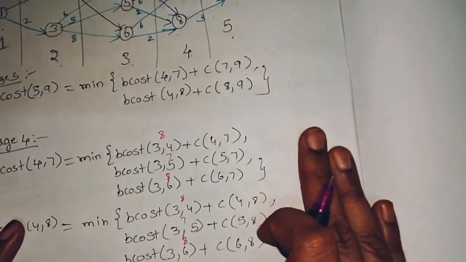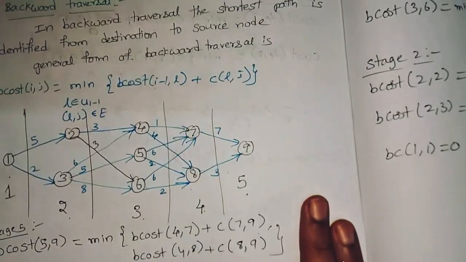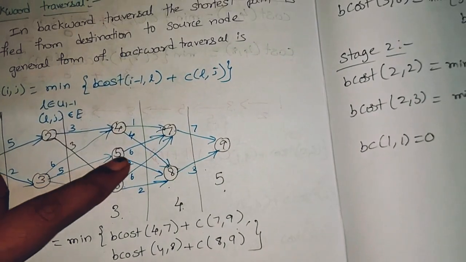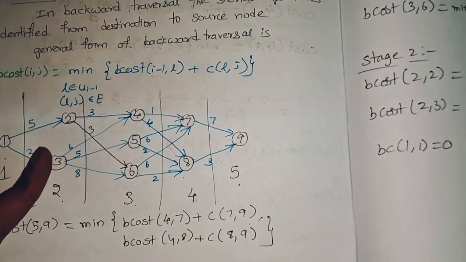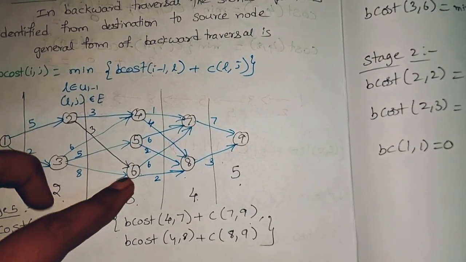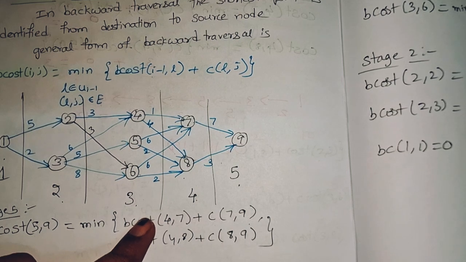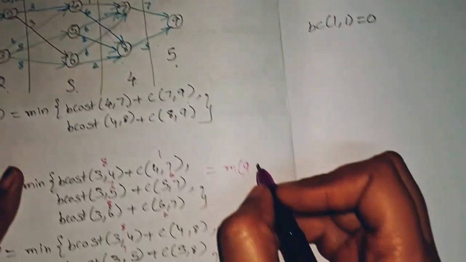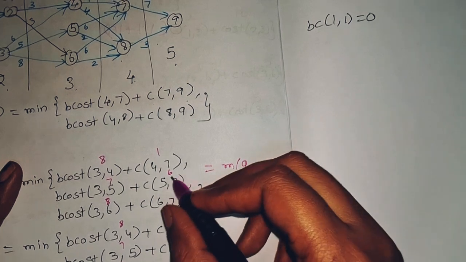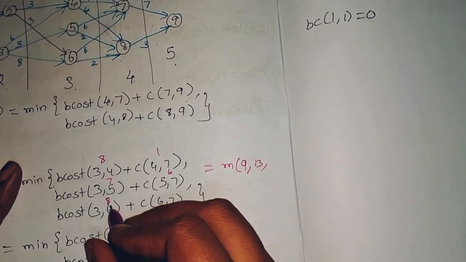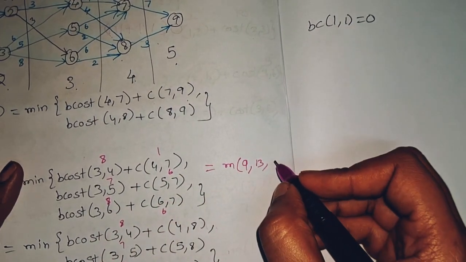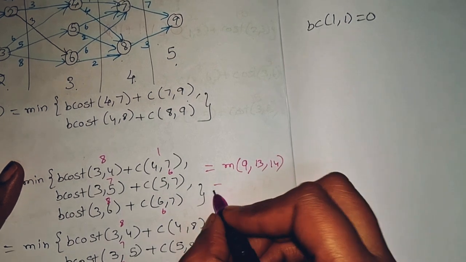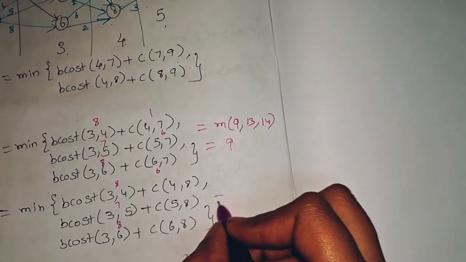Now what is the cost of 4 to 7? 4 to 7 is 1, 5 to 7 is 6, and 6 to 7 is 6. So minimum of 9, 6 plus 7 is 13, 8 plus 6 is 14. That equals 9.